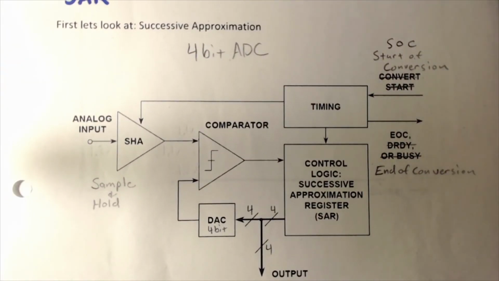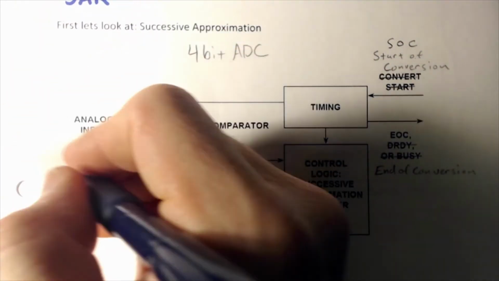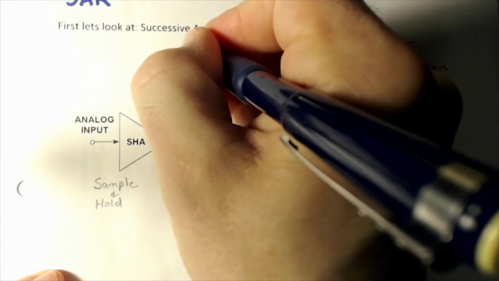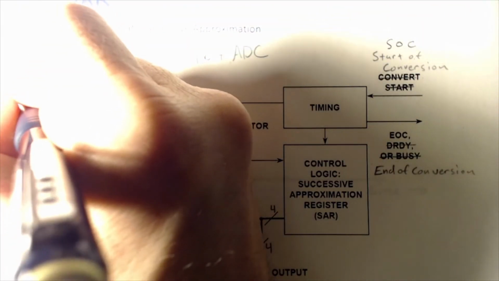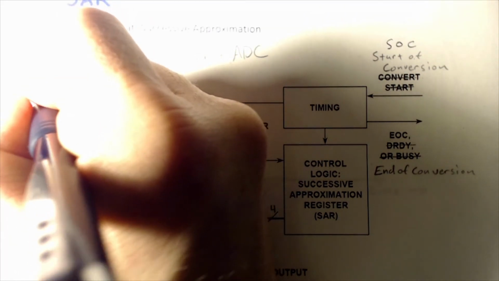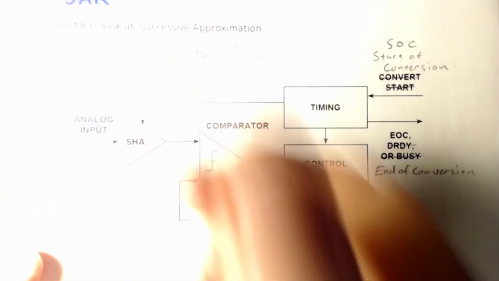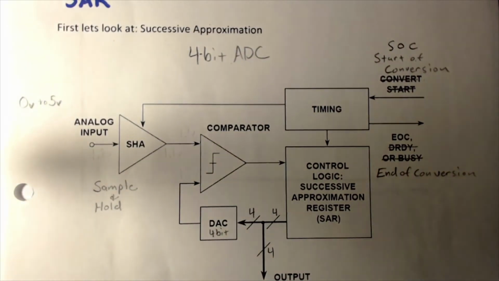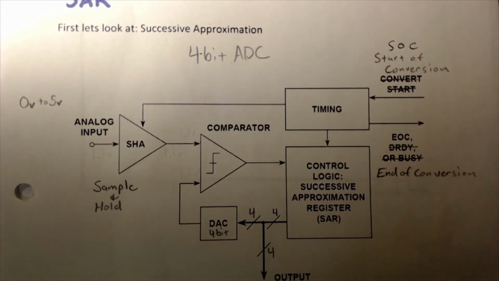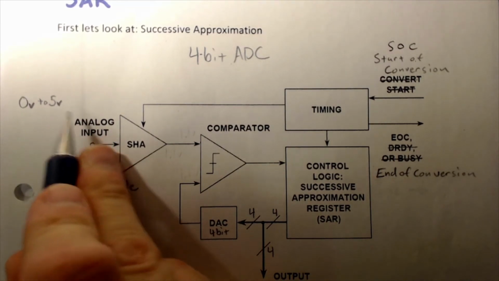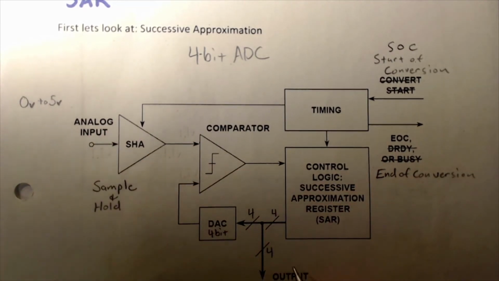Now, I also should go back over here and define our range for the input to this ADC. Not only is it 4 bits, but it's going to operate on an analog range of 0 volts to 5 volts. Okay, so we're going to take some analog value on the range 0 to 5 volts and convert that into a 4-bit value.